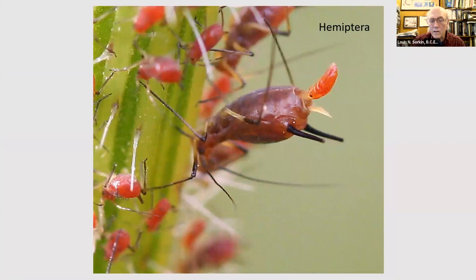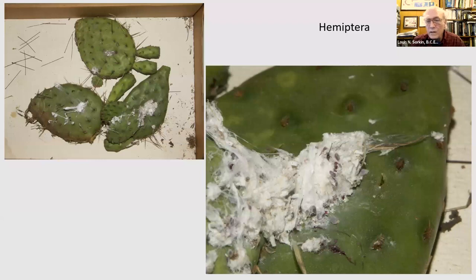Here, an aphid, you see the cornicles, which are the black tube-like structures at the rear end of this particular aphid, and it's giving birth, live birth to a nymph, first instar nymph. And a cactus, these are the cochineal bugs, where the red color comes from, carmine.